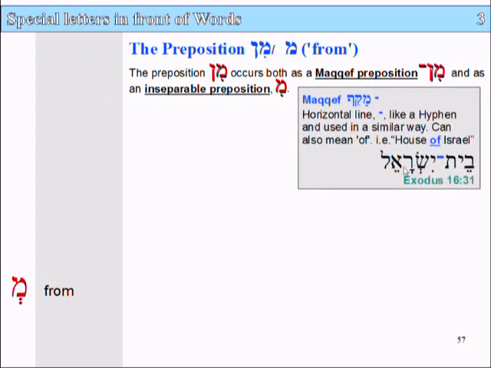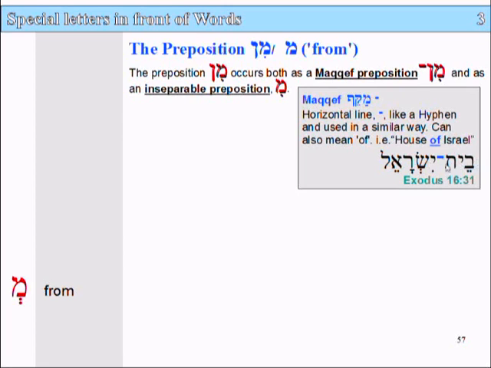Now a little bit about the makef. The makef, this short horizontal line, is very similar to a hyphen in English and used to join two words together. For example, the term House of Israel, Beit Yisrael, has a makef often between the word Beit, meaning house, and the word Yisrael, Israel, implying of or ownership.